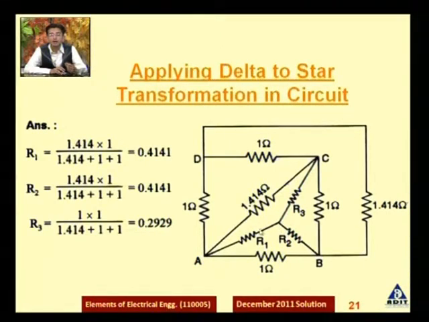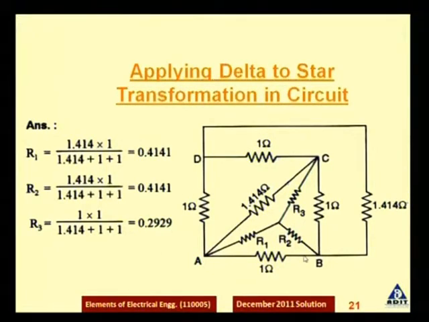Now I have to convert this A, B, C delta into a star. I know the star delta transformation: if I want to find the equivalent RA, then RA is equal to 1.41 into 1 divided by the total. The total resistance is 1.414 plus 1 plus 1. So it will be 0.414.